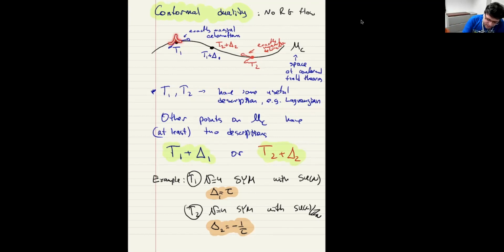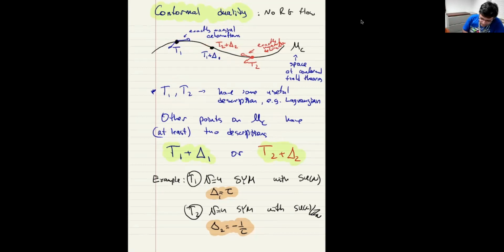Or, as we will see, you can define this theory in a certain geometrical way, and this theory in a certain way with fields and Lagrangians or something like that. But if you have two or more such useful descriptions, they are obviously dual to each other, in the sense that any point on the conformal manifold you can describe either as a deformation of this point or as a deformation of this point.